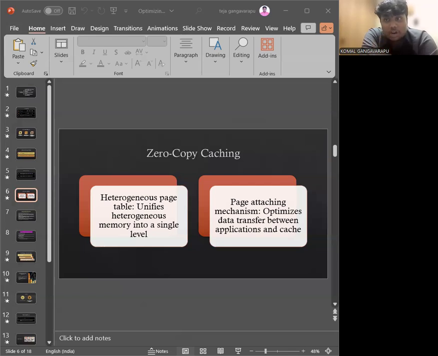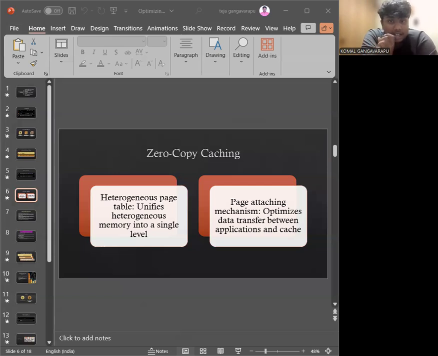The first key component of zero copying is this heterogeneous page table. In traditional systems, DRAM and persistent memory are managed separately, which requires data to move and copy between the different memory levels. The heterogeneous page table in FlatCache unifies these disparate memory types into a single address space.